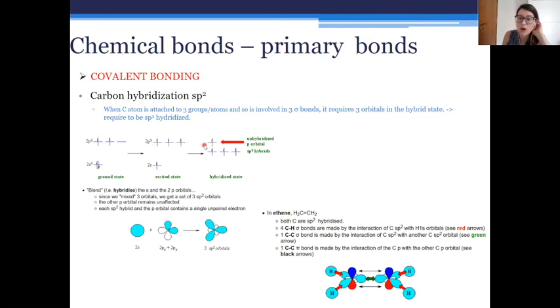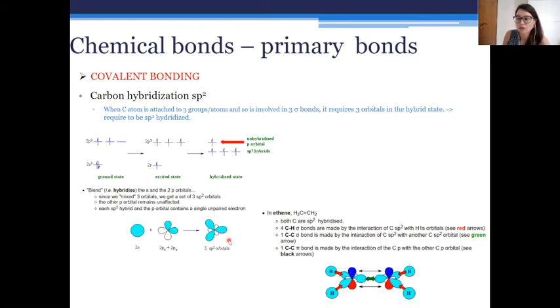So it is an unhybridized p orbital. In that way, we have a kind of mix of the s orbital and p orbitals that would be planned in the ground state, so we have another orientation of these orbitals.